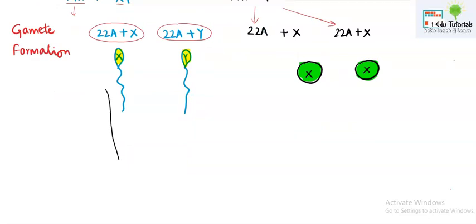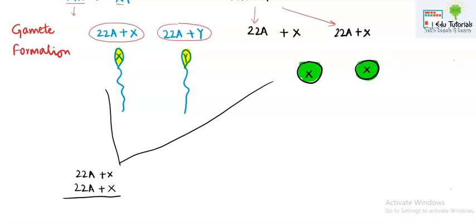So this sperm can fuse with this secondary oocyte. This is one possibility. So 22 autosomes plus X and 22 autosomes plus X from the female will come. If you add these, it will give you 44 autosomes plus XX.